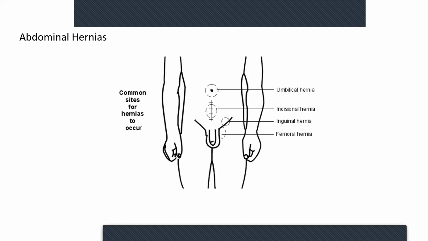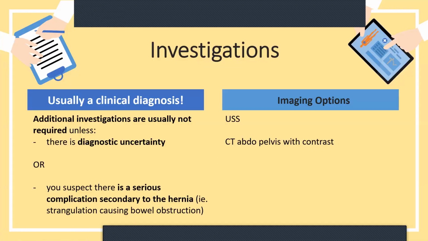So most likely, just based on the history, the patient probably has some form of abdominal hernia, which is something that you'll commonly see not just in hospital settings, but also if any of you do a job in GP. And essentially, for any sort of abdominal hernia, usually it's a clinical diagnosis.